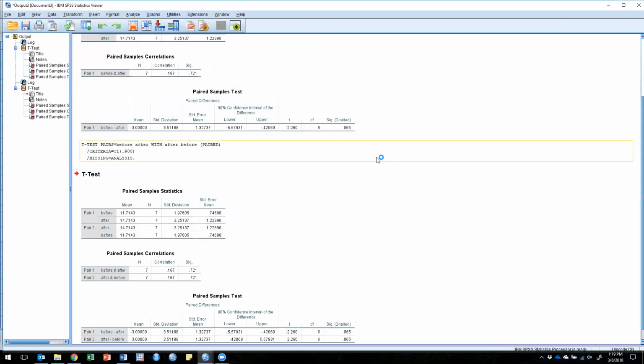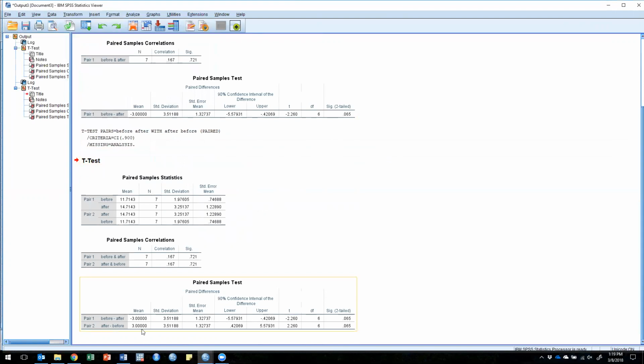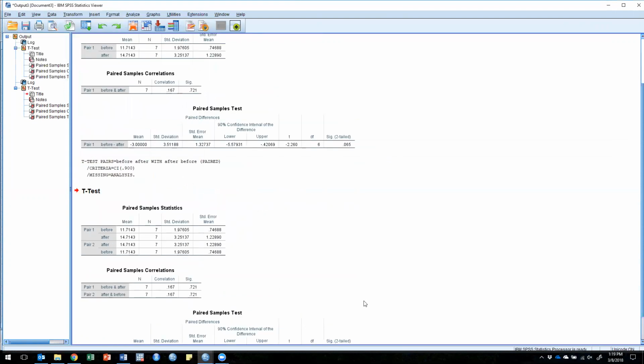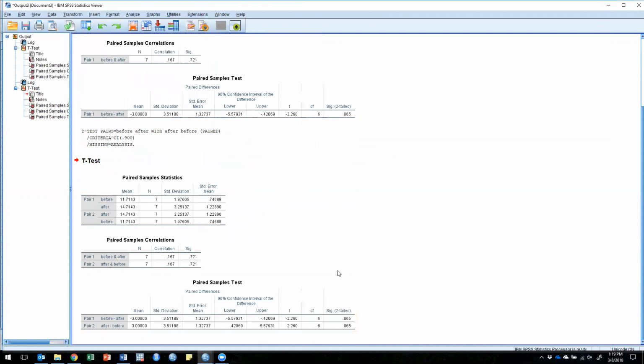Notice you get the same results here, except the sign is changed. For your confidence interval, notice it's just the sign that is flipped. So it's whether you want them as positive or negative, and how you enter your data.